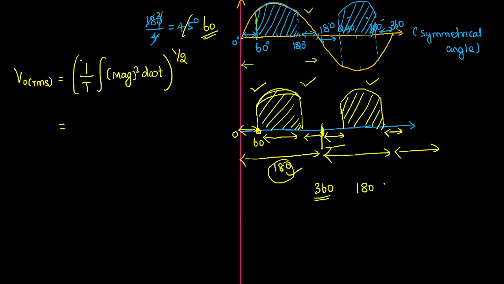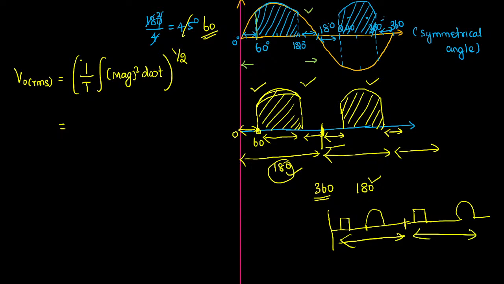If the nature of the waveform for each and every 180 degree is the same waveform, then you can consider only 180. Suppose the nature of the waveform is such that the first 180 degree is like this, and from 180 to 360 it is like this. Now after 360 the same waveform is repeated. For each and every 360 you are observing the same pattern, so in this case you should consider 360 degree.